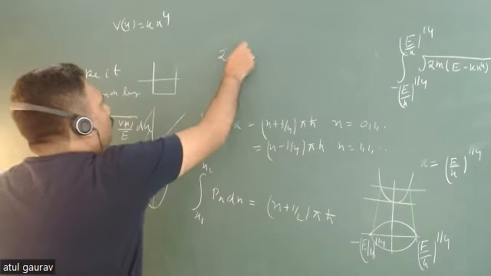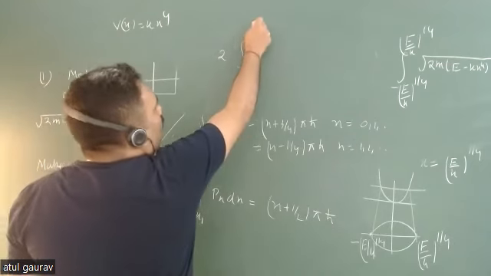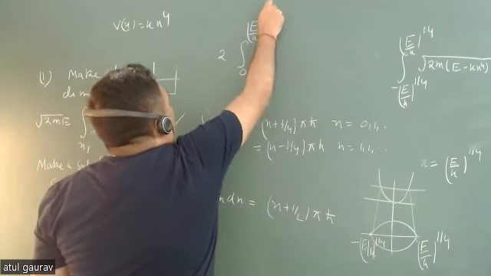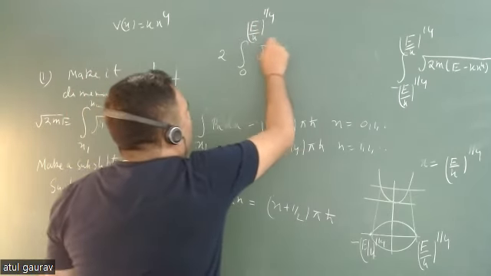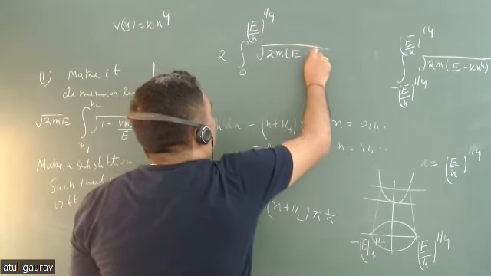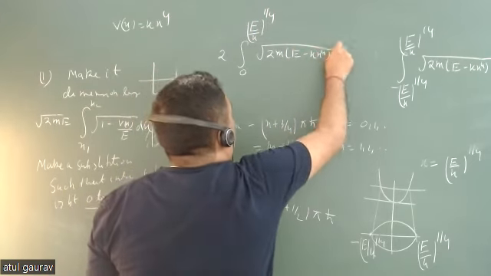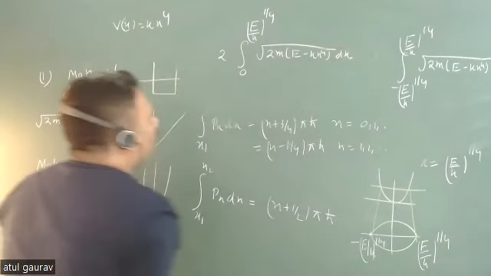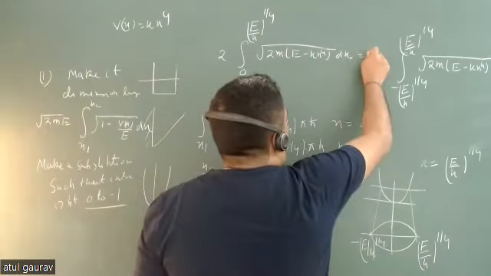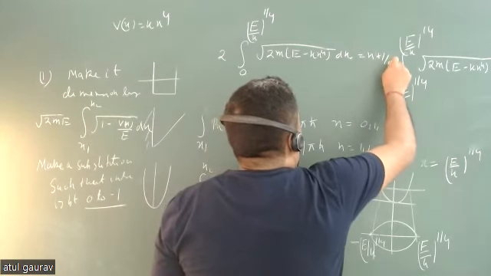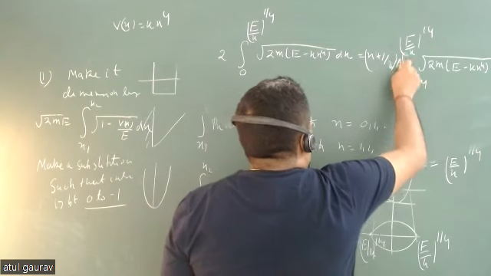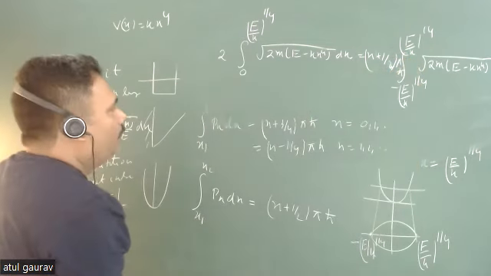So you will just go for 2 times 0 to (E upon k) to the power 1 by 4, and you have 2m (E minus kx to the power 4) dx. So what will be your next substitution? And that value is equal to (n plus half) pi h cut. Okay. What will be your next substitution?